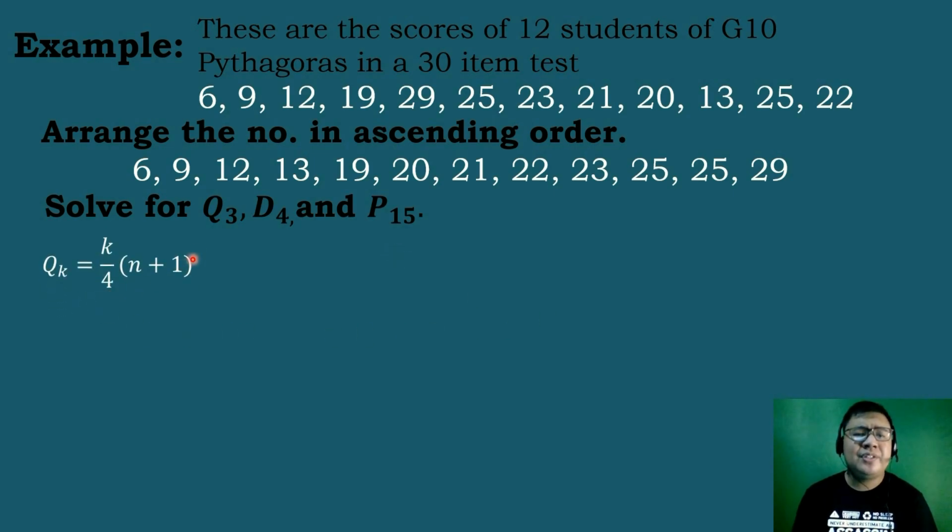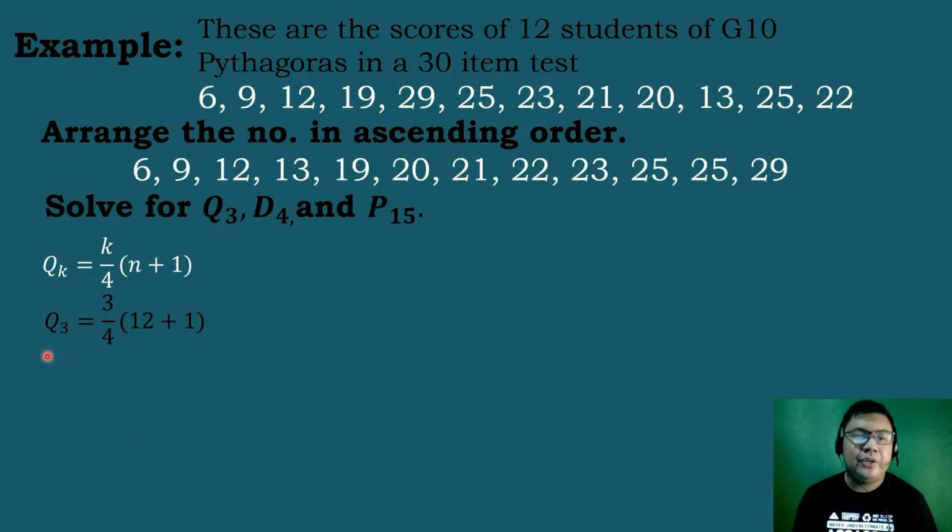Let's compute first for quartile 3. To solve for the location of quartile 3, we will use the formula Q sub k is equal to k over 4 times the quantity n plus 1. We will substitute the value of k, and that is equal to 3.